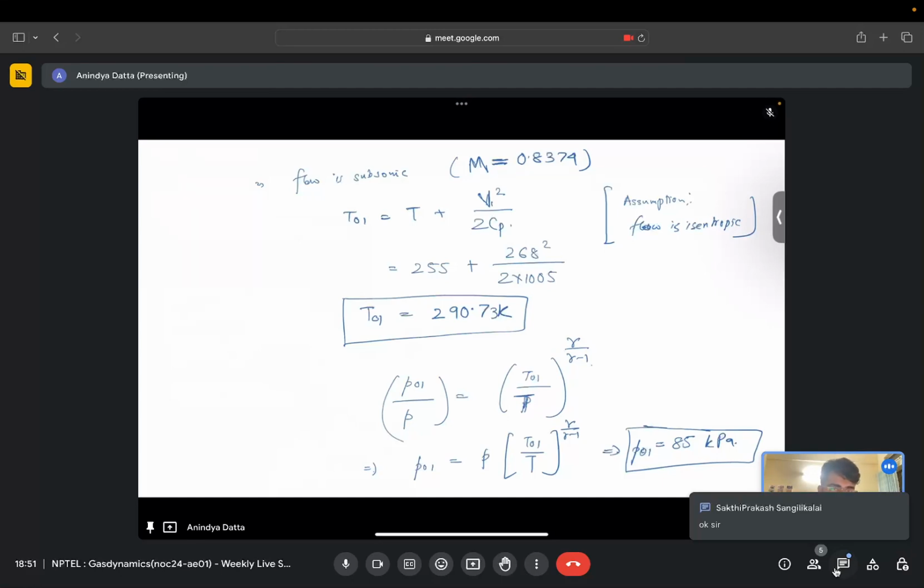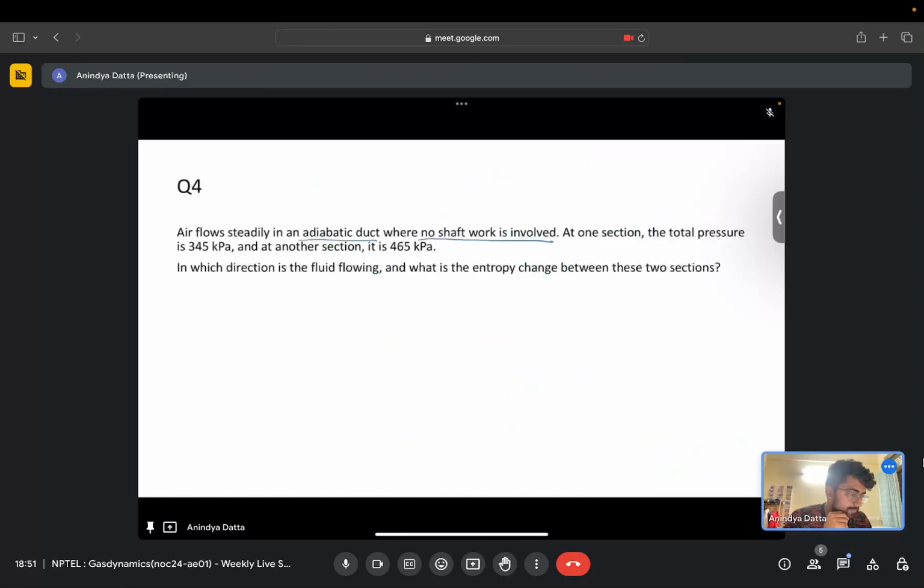But remember that both the formulas are valid. Maybe if you take more digits after the decimal in the Mach number, you might get the correct answer. Okay, anyway, let's move on.